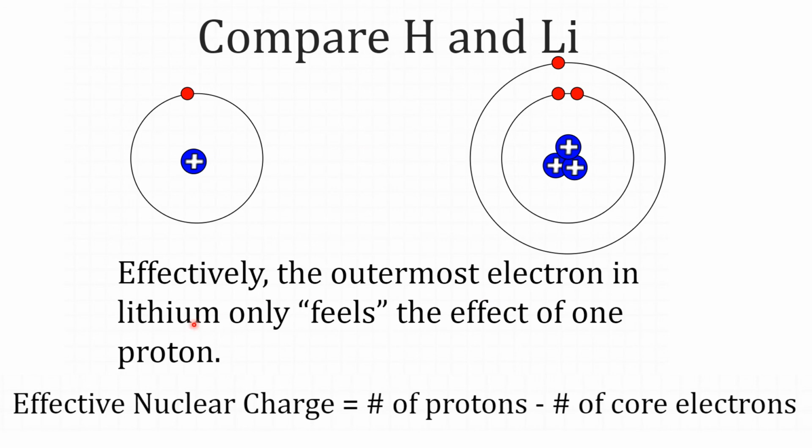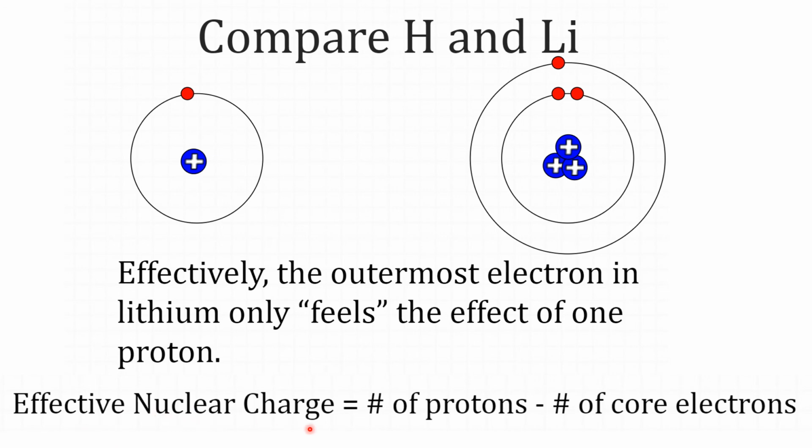Effectively, the outermost electron on lithium only feels the effect of one proton. Because of these two core electrons, the outermost electron will not feel three protons, but only one proton. This is called the effective nuclear charge.